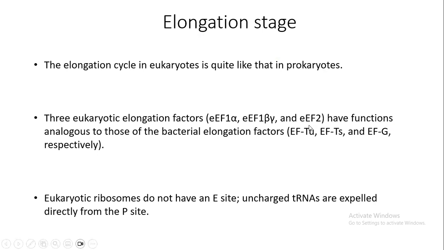An identical role in case of eukaryotic translation is done by eukaryotic elongation factor 2. Okay. Then in case of eukaryotic ribosomes, they do not have a specific E site. So an empty or an uncharged transfer RNA will simply fall off directly from the E site of the ribosome.